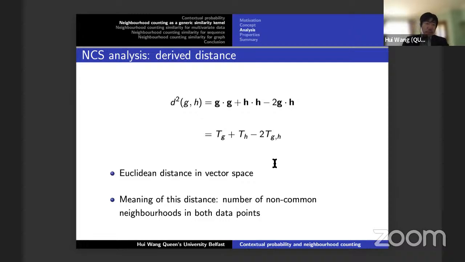This turns out to be the Euclidean distance between the two vectors in the vector space. The meaning of this distance is the number of non-common neighborhoods in both data points. Remember the similarity means the number of common neighborhoods, but this one means the number of non-common neighborhoods in both data points.